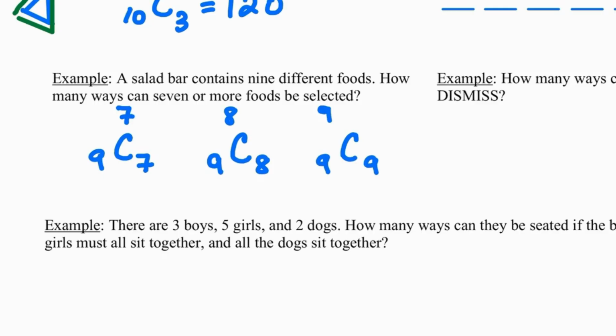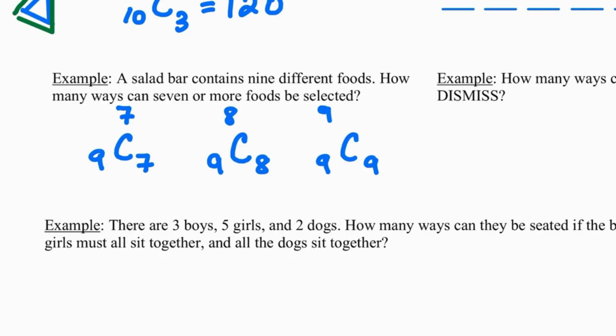Then this is the hard part. Do I multiply or do I add? That's going to be the hard part about this unit. So you have to ask yourself, can I do all of this at one time? Can I go up to the salad bar and get exactly 7 items, and exactly 8 items, and exactly 9 items? No. You have to go 3 different times to get exactly 7, exactly 8, and exactly 9.